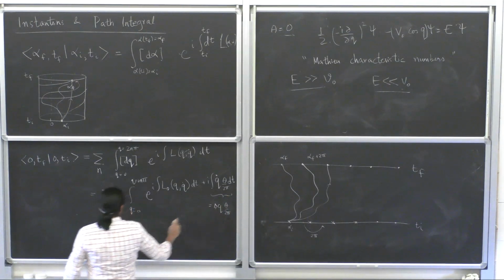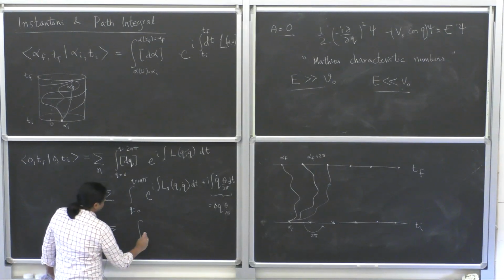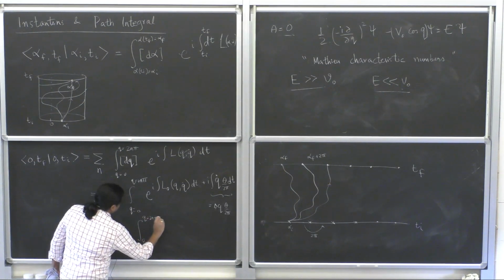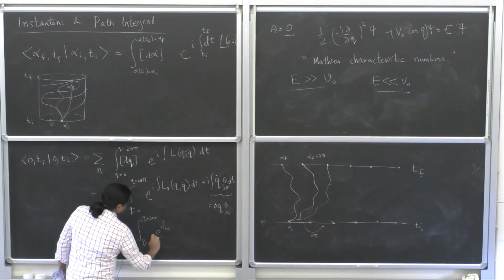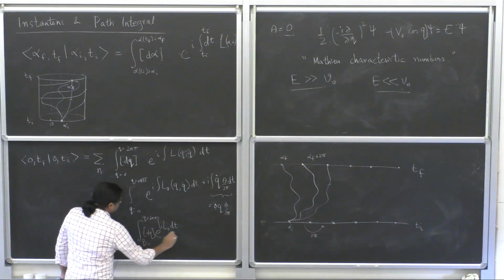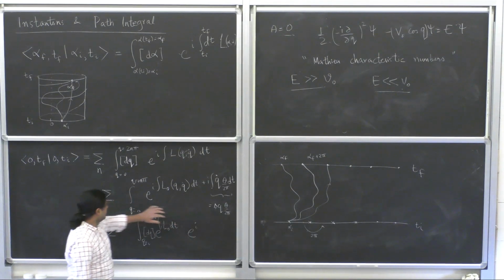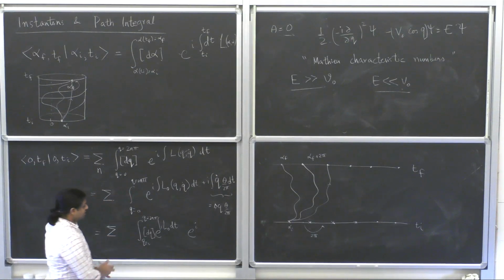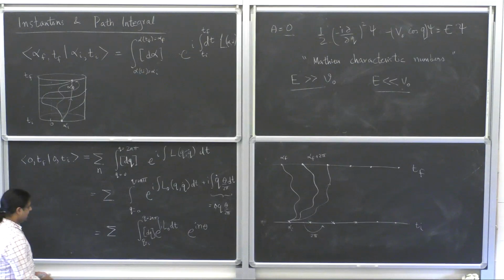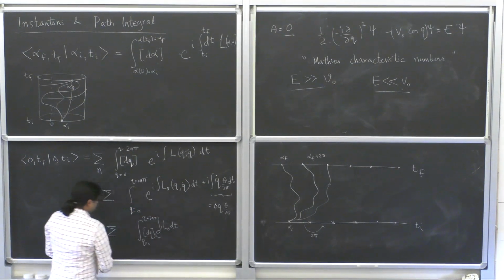So this thing just becomes: delta q in each of these winding sectors is just n. So this just becomes e to the i n theta. And you can see that now it doesn't depend on any details of the path, so I can actually take this n theta out of this path integral.